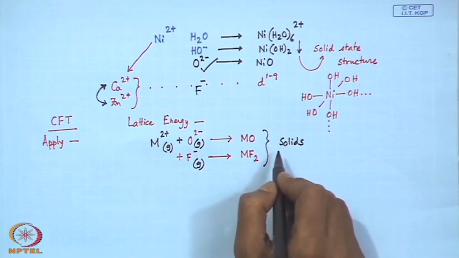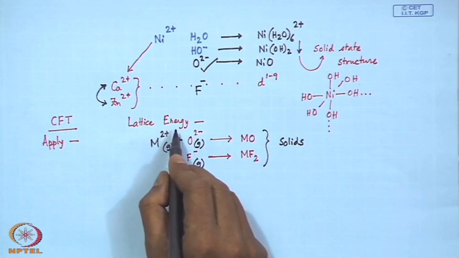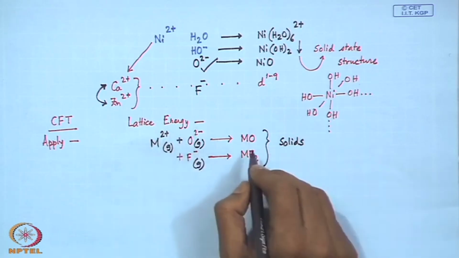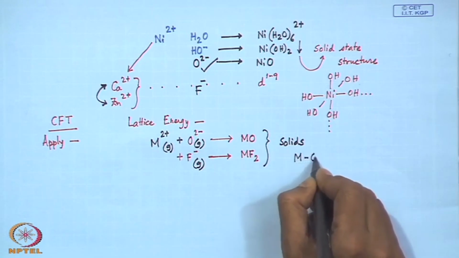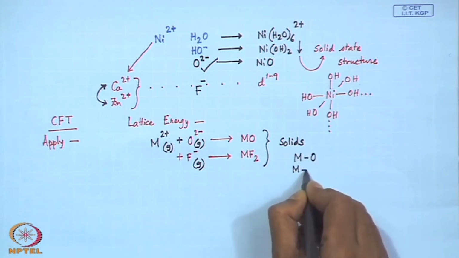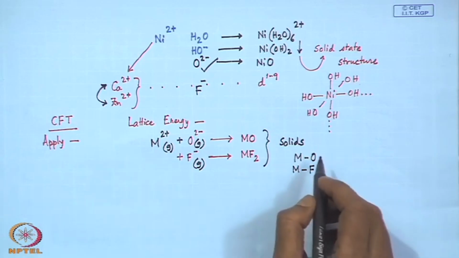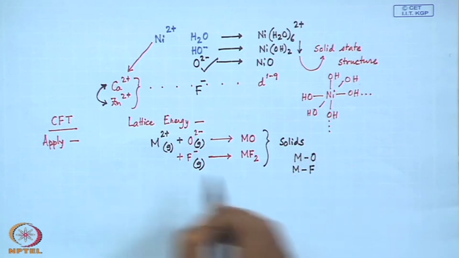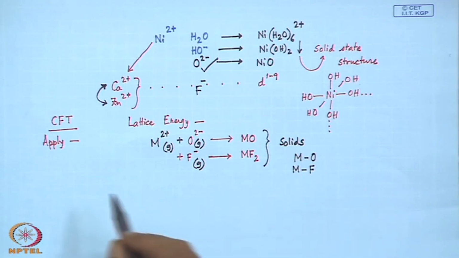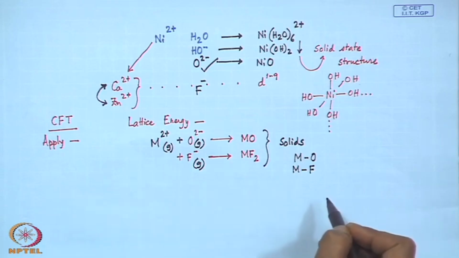We see that some interaction can occur depending not only on the energy parameter, but also sometimes we can have some important idea about the corresponding metal-oxygen and metal-fluorine bond distances, because it does not show a linear relationship as we move from left to right, that means across the transition series to its end.